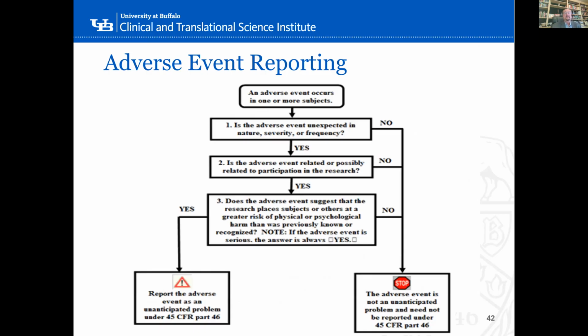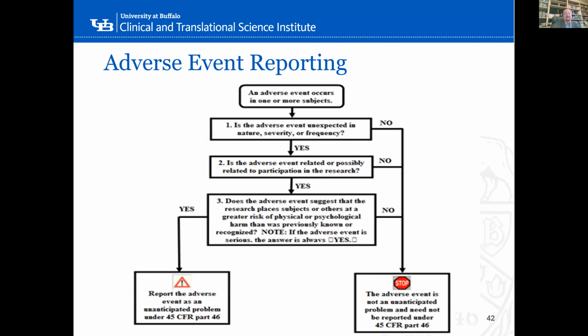Okay, adverse event reporting. If one or more subjects have a problem, you ask yourself first, is the adverse event unexpected in nature, severity, or frequency? Is the adverse event possibly related to the participation in the research? And you can see you fall off if you answer no to any of these.